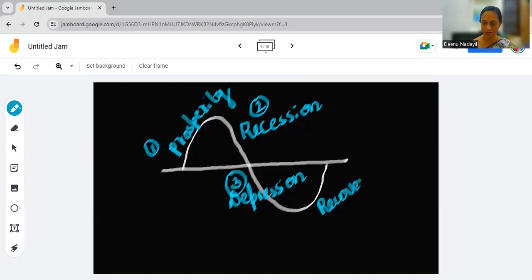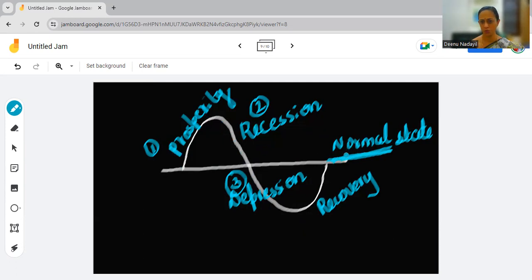And this middle line is called the normal state. So the different stages in the business cycle are prosperity, recession, depression, and then recovery.